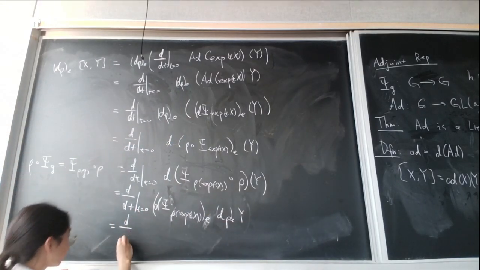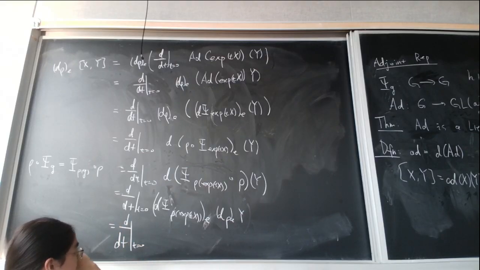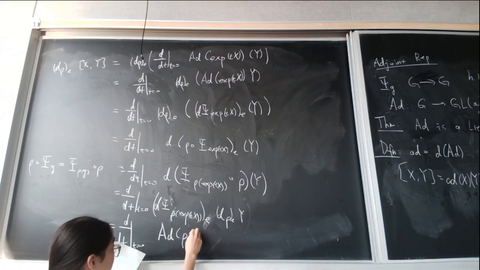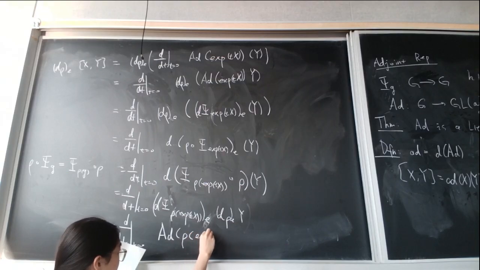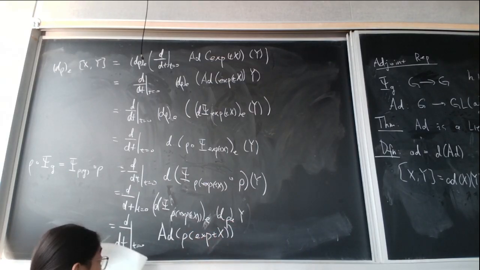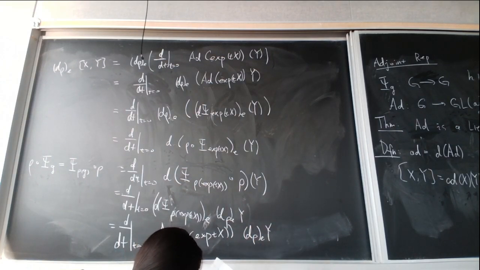So that's equal to ad of rho of exp(tx) applied to d rho at e of y.